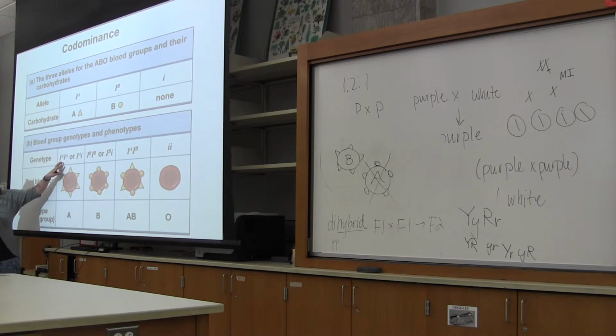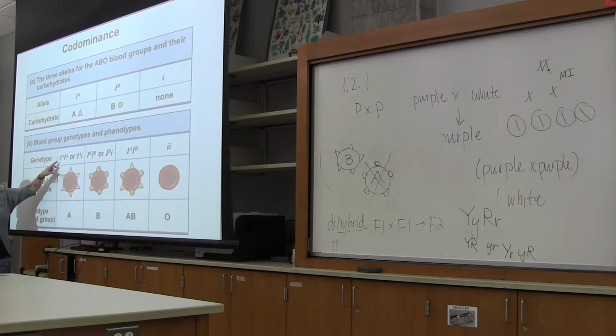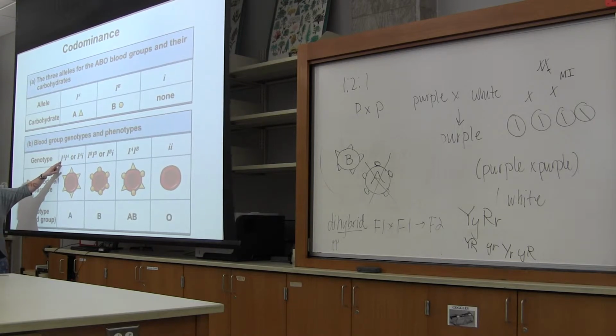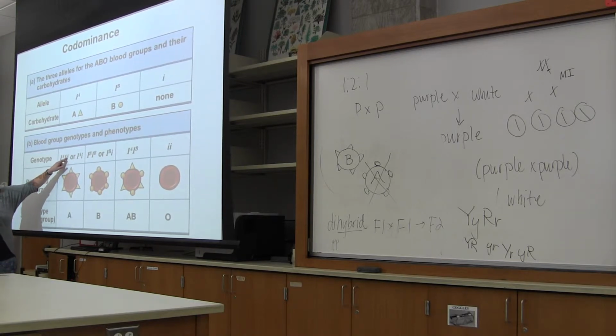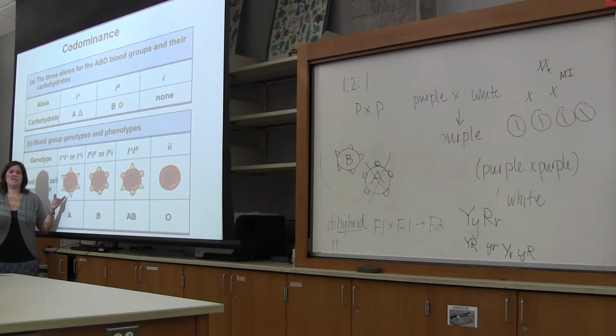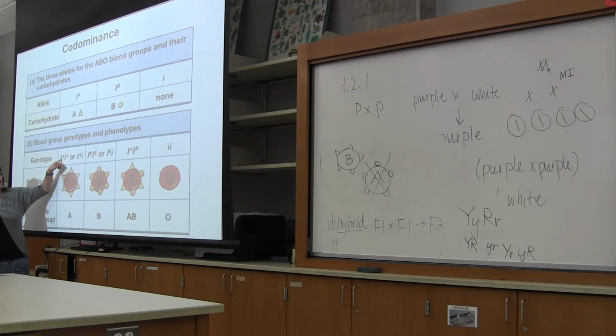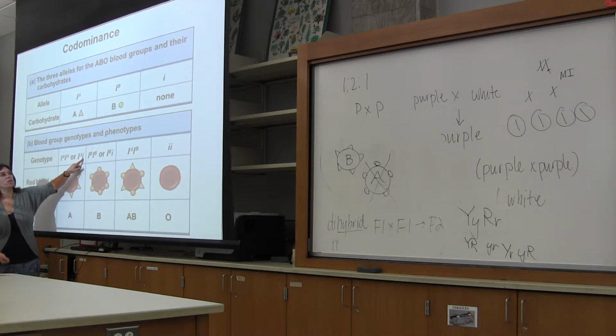And so when we write out these blood phenotypes, we always use a capital letter I, don't ask me why, and then it shows the type of carbohydrate present. So you can have a homozygous dominant red blood cell, so you would have capital A, or you can have a heterozygous, in which case you write the capital A with the little i.